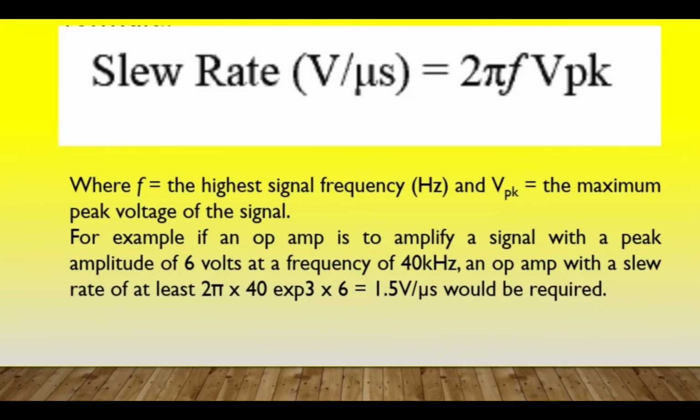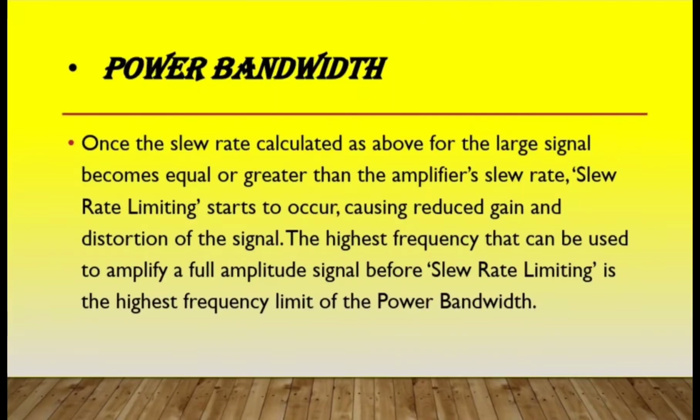If the largest possible voltage swing and the highest frequency of the signal are known, the minimum required slew rate for the operational amplifier can be calculated using this formula.